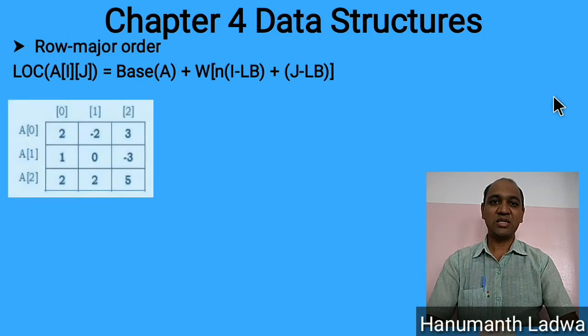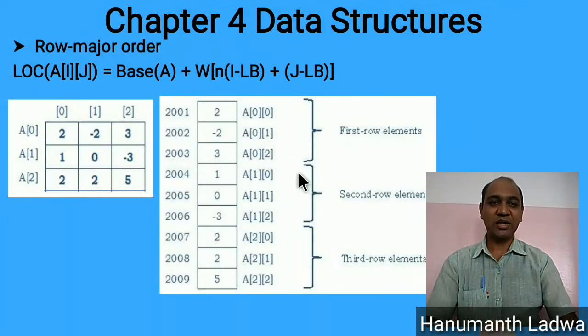Here you can see in the example we have A of 0, 0 consisting of 2, A of 0, 1 consisting of minus 2, A of 0, 2 consisting of 3, and so on. Here first the rows will get filled up as shown in the second diagram. You can see the memory locations start from 2001, 2002, 2003 and so on, and here you can see elements 2, minus 2, 3.